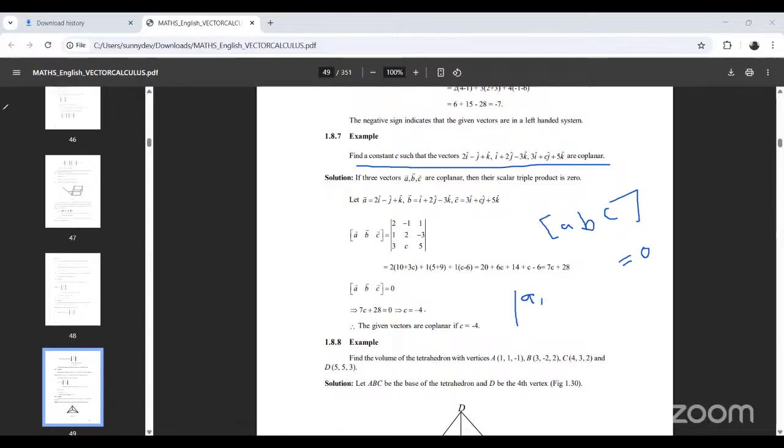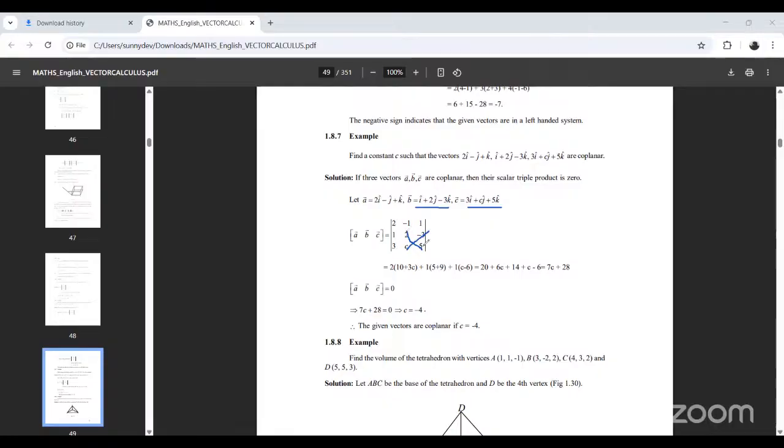Let's see one problem. Write the coefficients 2, minus 1, 1 for this vector; 1, 2, minus 3 for this vector; and 3, C, 5 for this vector.